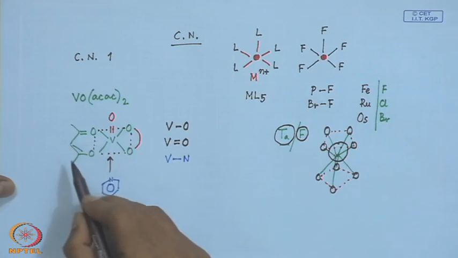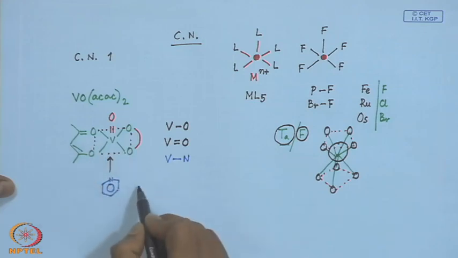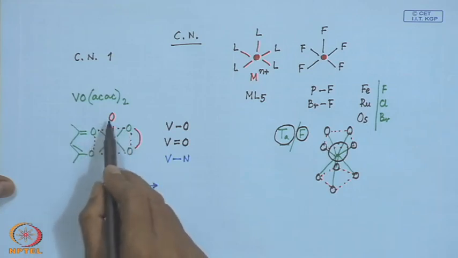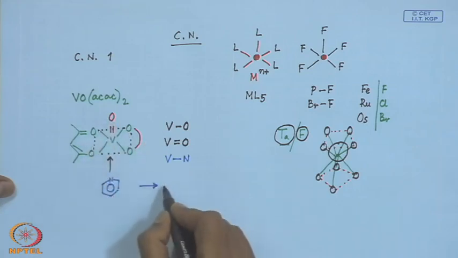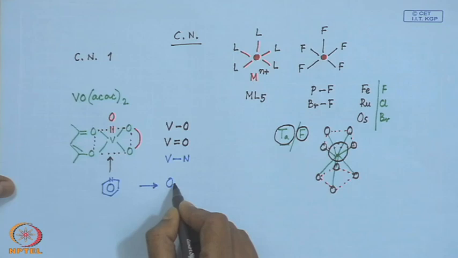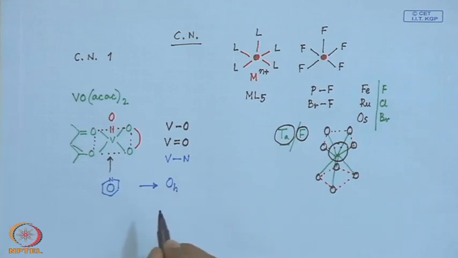But in that situation, the geometry will go from a typical square pyramidal geometry to a distorted octahedral geometry.